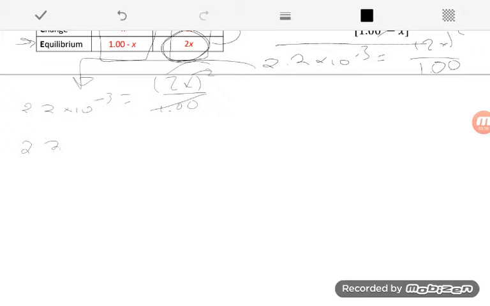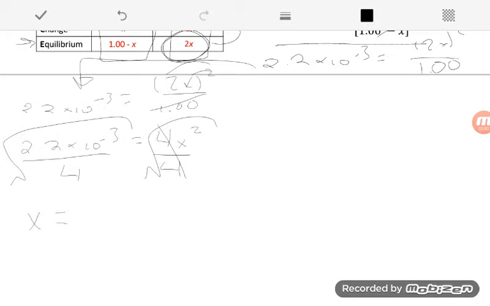So I have 2.2 times 10 to the negative third is equal to 4x squared. I'm going to divide both sides by 4, and then to get x, I'm just going to take whatever this number is and square root it. So ultimately x is equal to 0.023, just by plugging this into my calculator. And not surprisingly, it's a really tiny number.